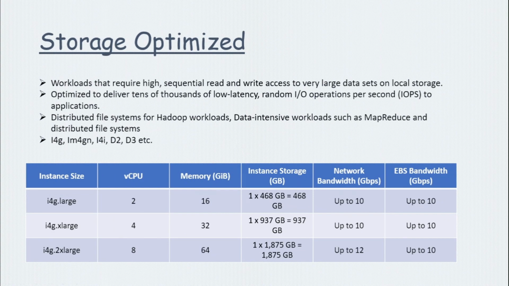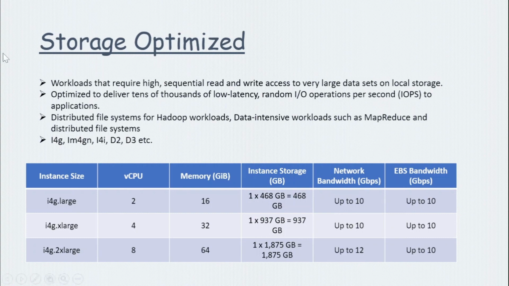The next category is storage optimized. These instances are suited for workloads that require high sequential read-write access to very large data sets on local storage. Local storage means storage which is attached to the instances, or instance storage.